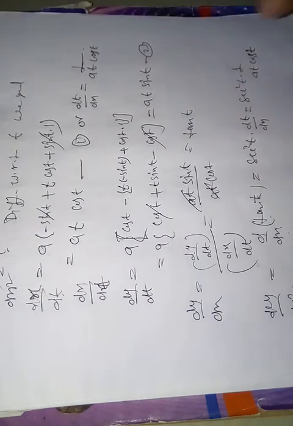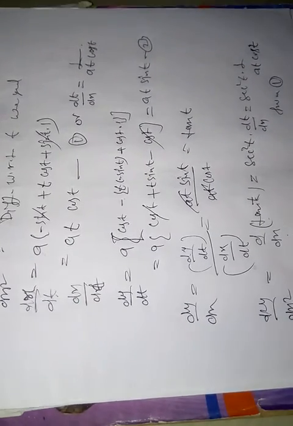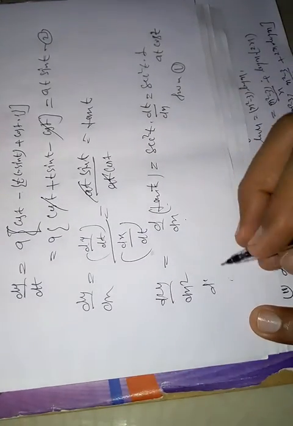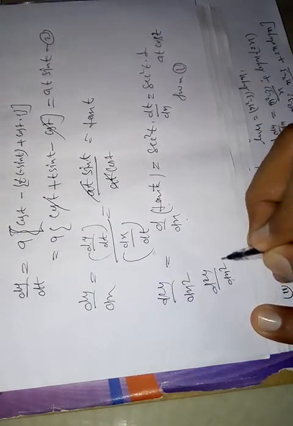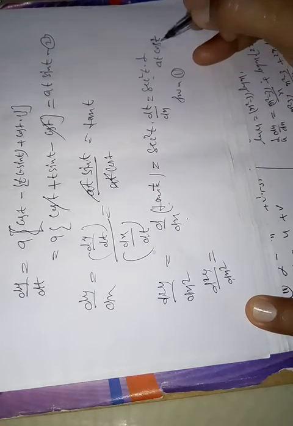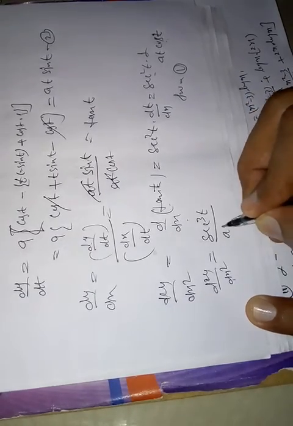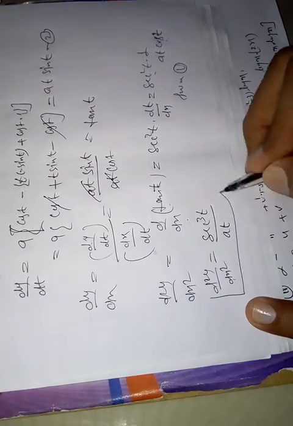So d2y/dx squared equals sec squared t into 1 upon a t cos t, which equals sec cubed t upon a t. This is your answer.